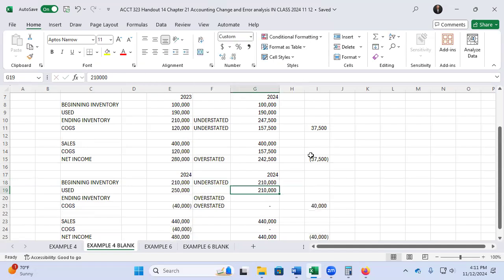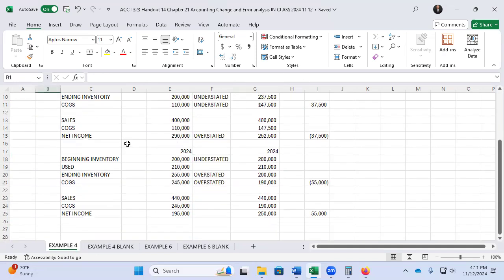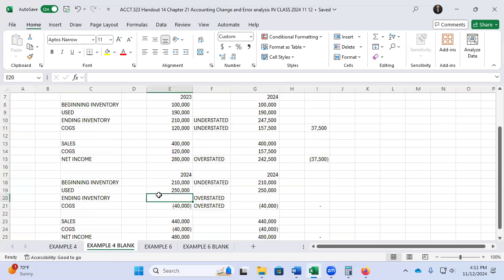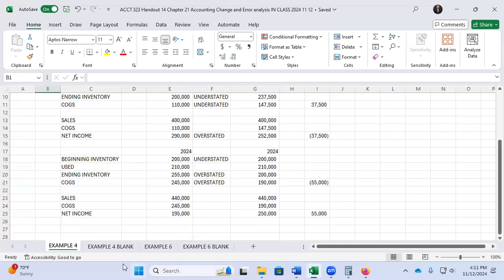And don't worry about trying to keep up with this. And our ending inventory, let's see. Did I do 210 twice? 200.